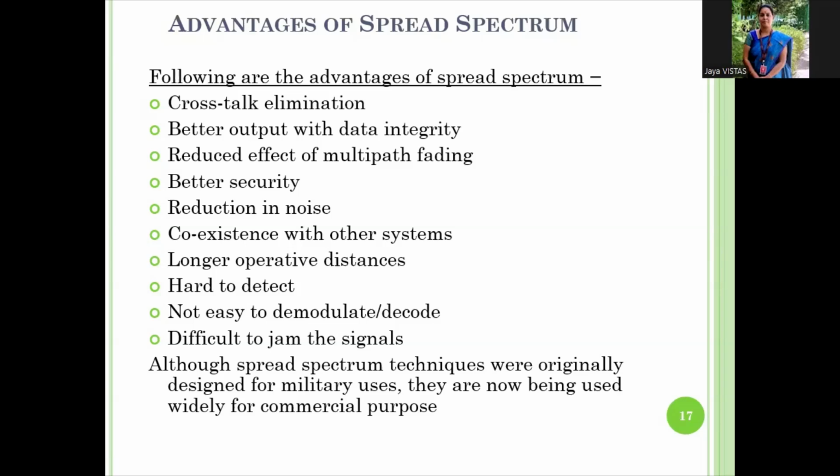It is used for long distance communication, and it is hard to detect and not easy to demodulate and decode. These are the security purposes. It is difficult to jam the signal.